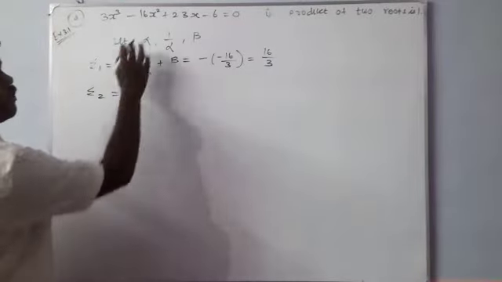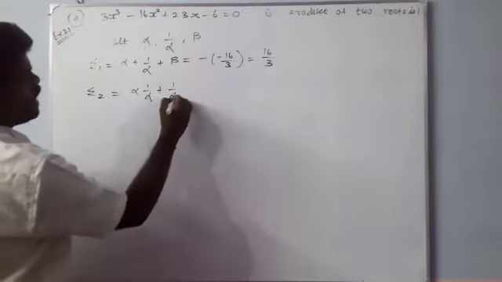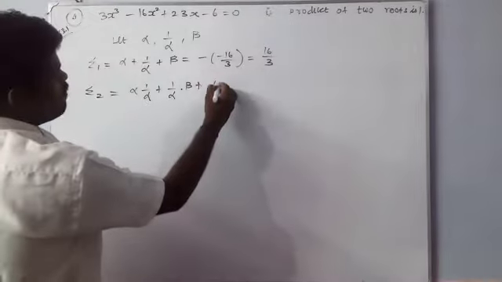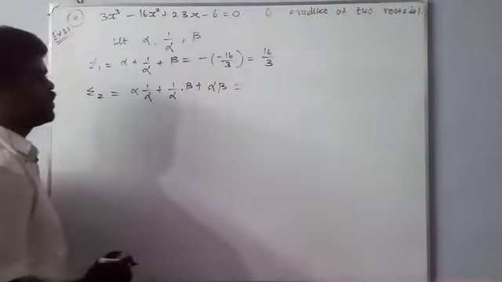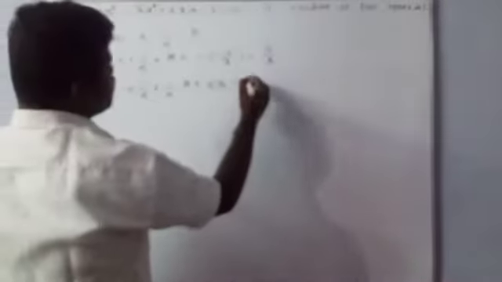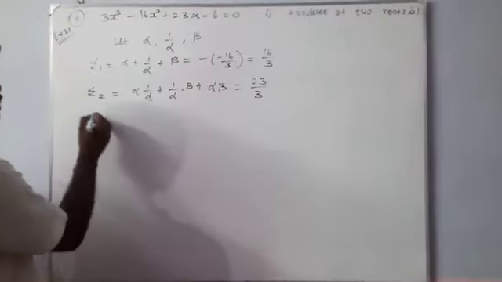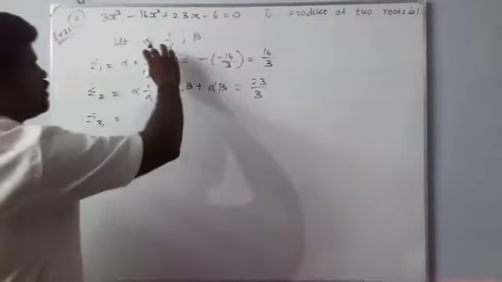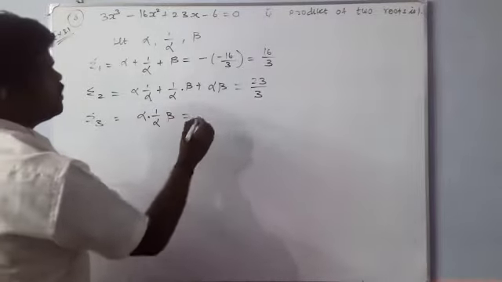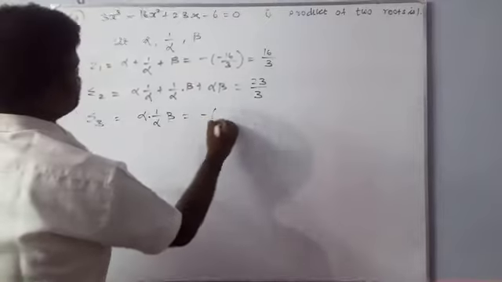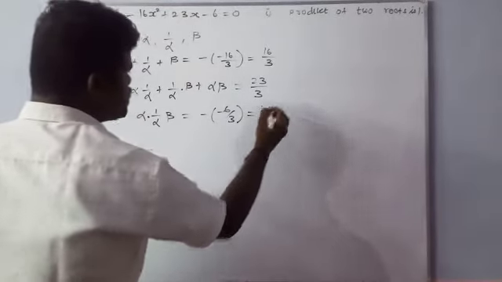Summation 2, the product of roots taken two at a time: alpha into 1 by alpha plus 1 by alpha into beta plus alpha beta, which is equal to 23 by 3. And summation 3 is the product of these three roots: alpha into 1 by alpha into beta equal to minus of minus 6 by 3, which is equal to 6 by 3, the answer is 2.